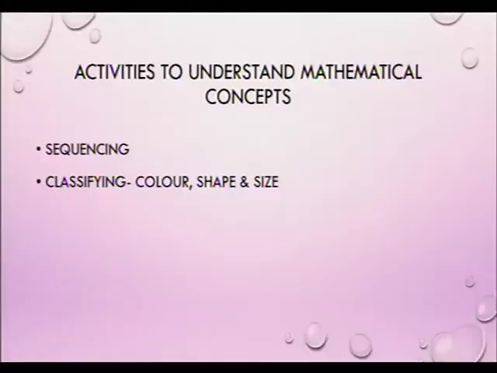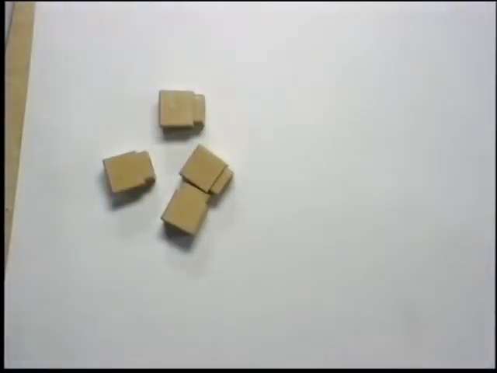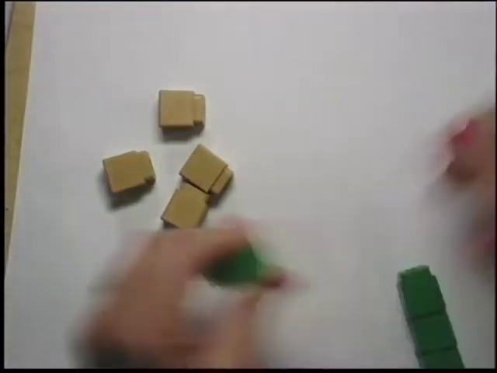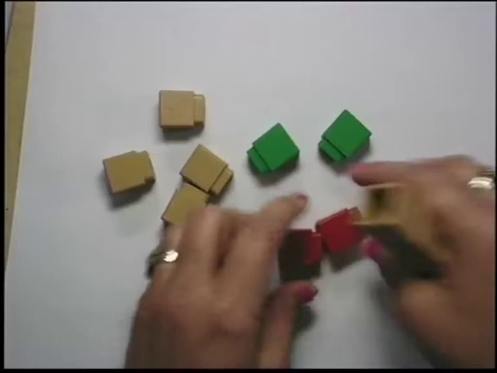Next, classifying. How do I classify objects? I can also use my counters of different colors. I'll give the learner counters of different colors or any objects of different colors, and then I can ask my learners to tell me or to classify them into different colors.